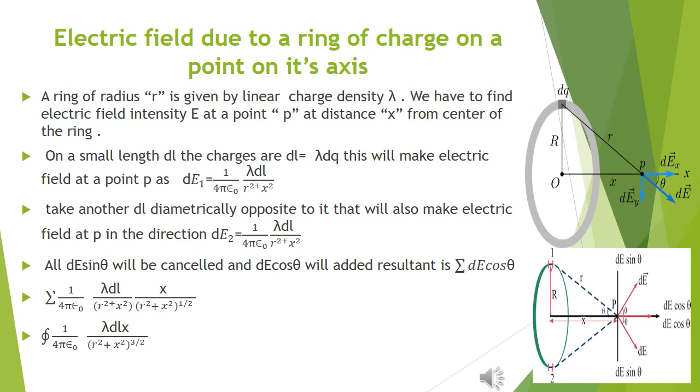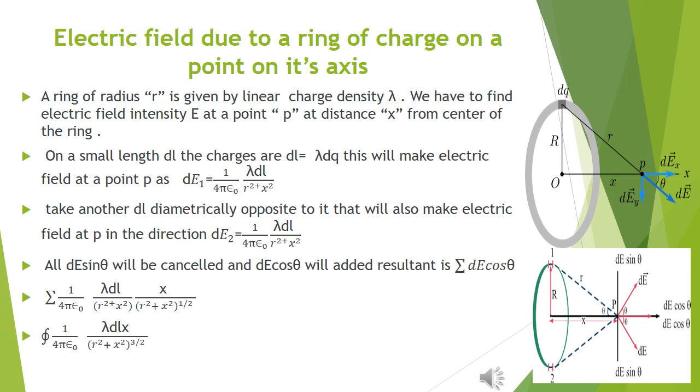Same for dE2. When we take 2 points diametrically opposite, the dE sin theta components for both electric fields will cancel out and we get the resultant electric field, which is dE cos theta in the direction of the axis. This is when we take 2 points diametrically opposite.